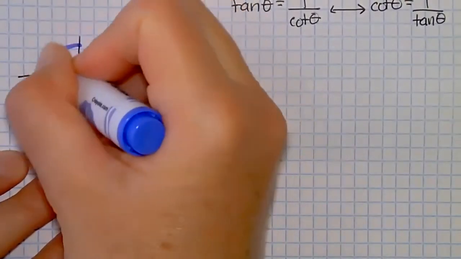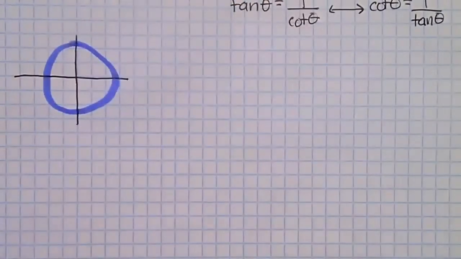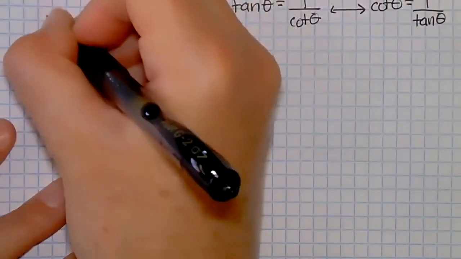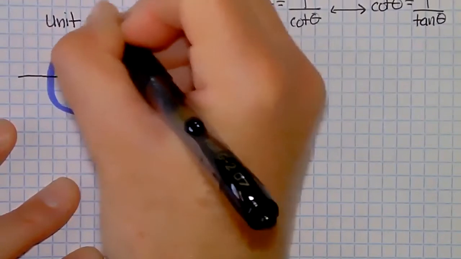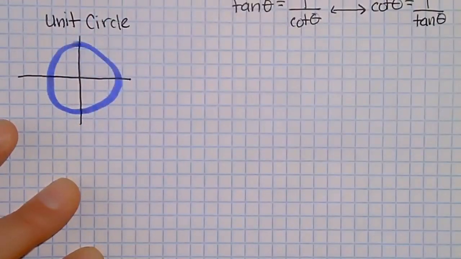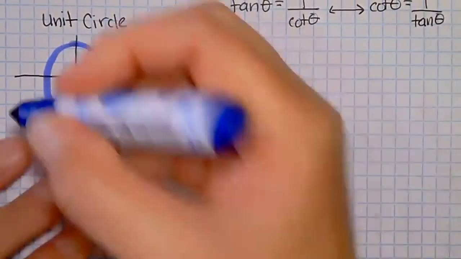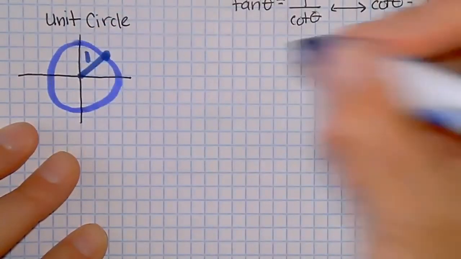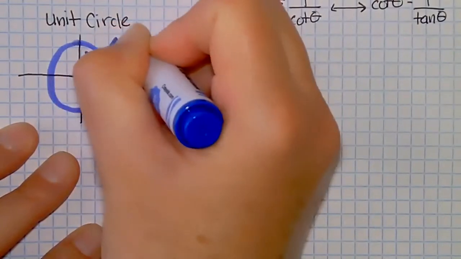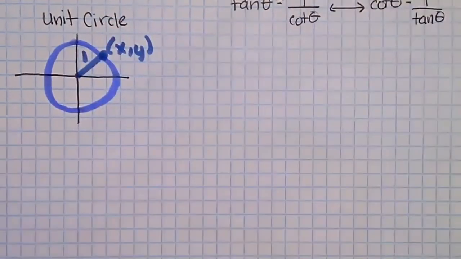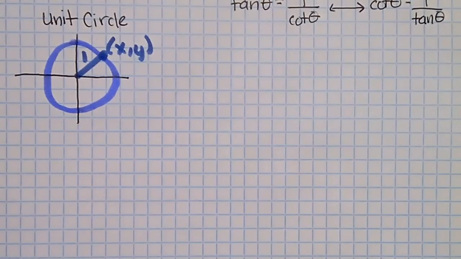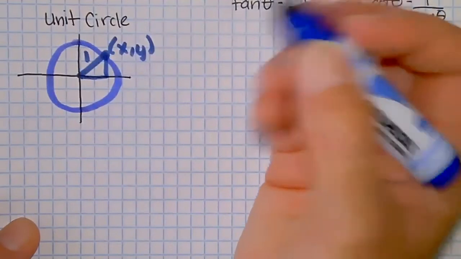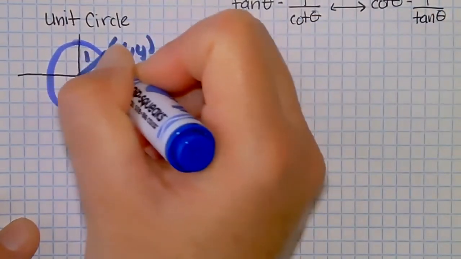I'm just going to draw a unit circle. And so I'm just going to label it unit circle so you know. So unit circle, again, has a radius of 1. So if I draw to here, this has a radius of 1. This is going to be some point x comma y. And what happens is if I draw straight down to the x-axis, this is going to be x.